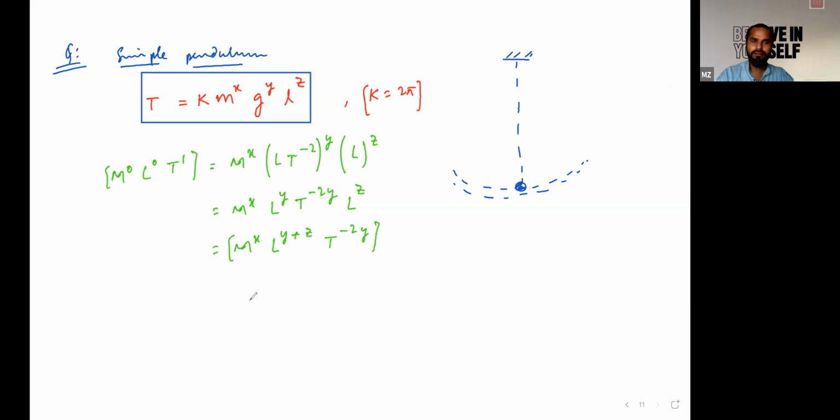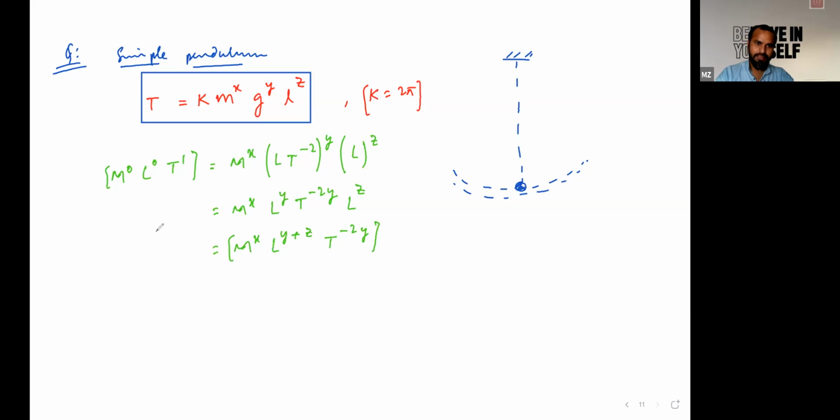Yeah, have you solved? I was writing, but I'm not able to write T is equal to 2 pi, m raised to 0, L raised to 0. No.